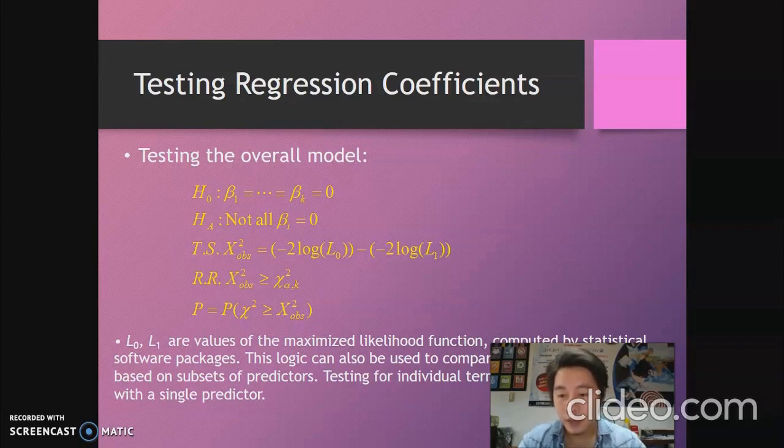L0 and L1 are values of the maximized likelihood function computed by the statistical software package. This logic can also be used to compare full and reduced models based on subsets of predictors. Testing of individual terms is done as in a model with a single predictor.